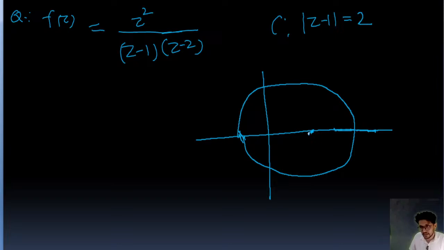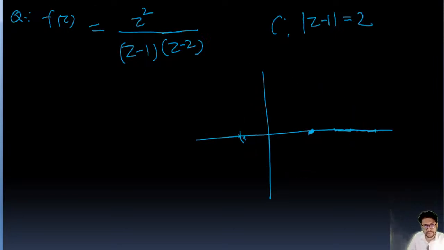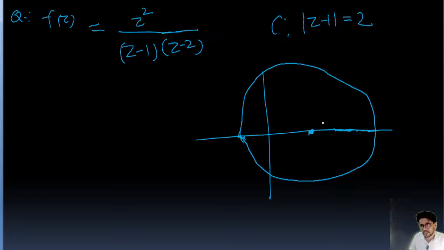This is the center of the circle, and this radius is 2, with the center at z equal to 1. Okay, so now we'll solve it.